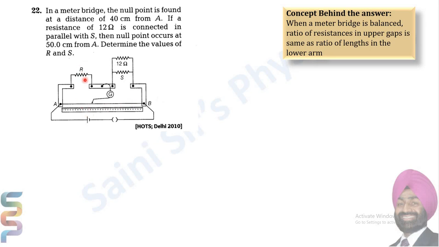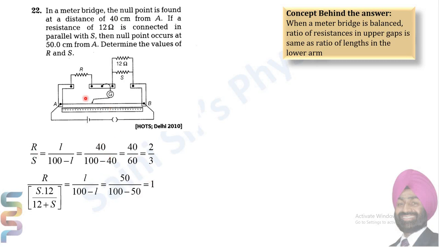So R is to S equals L by 100 minus L. But L is given to be 40 centimeter. Substitute. Find the ratio.